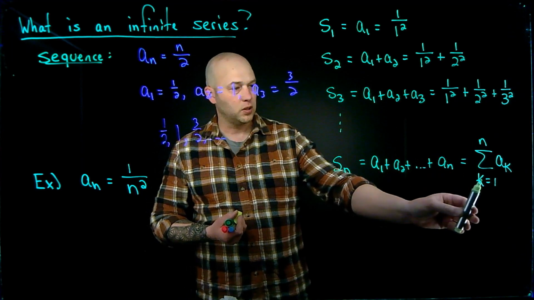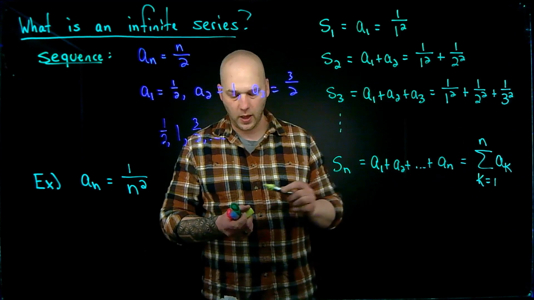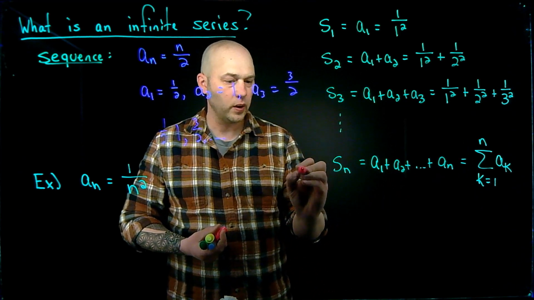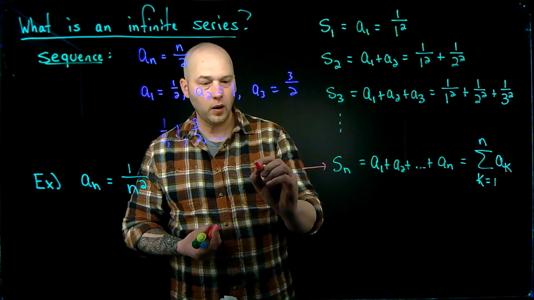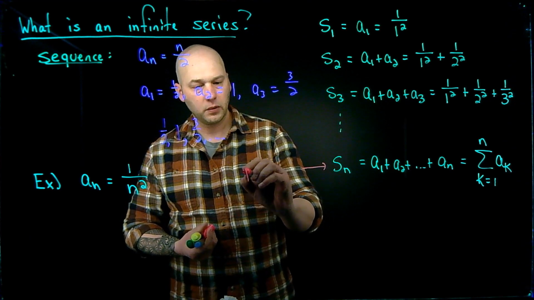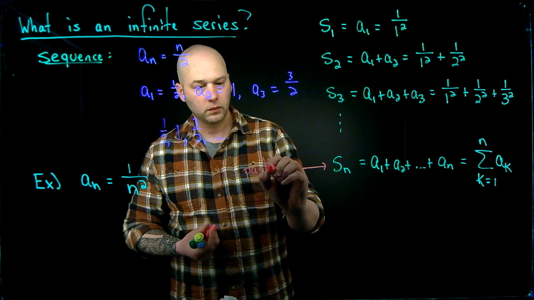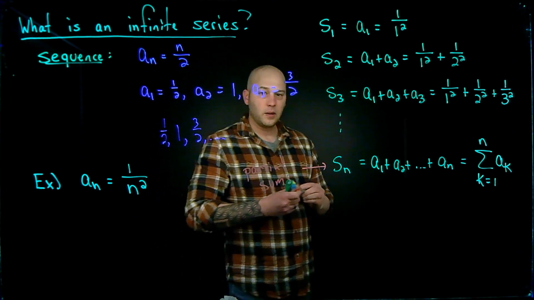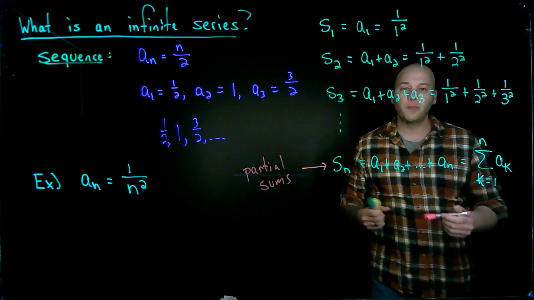So it's just the sum of the terms from 1 to n. Now, these terms of this new sequence here are called partial sums. And this is called the sequence of partial sums.